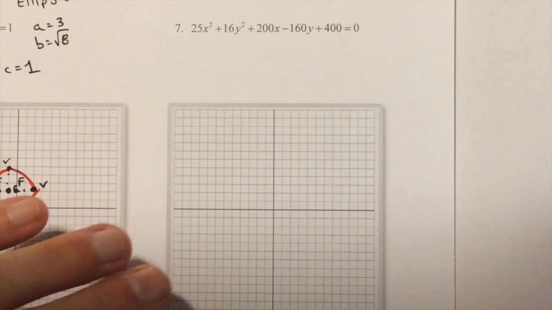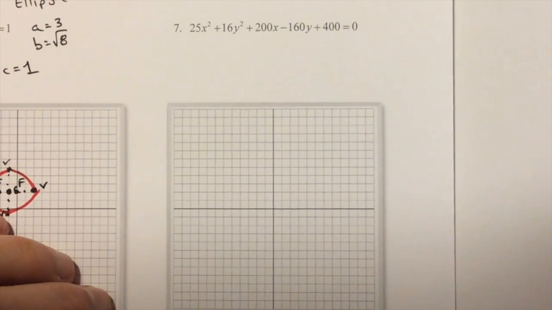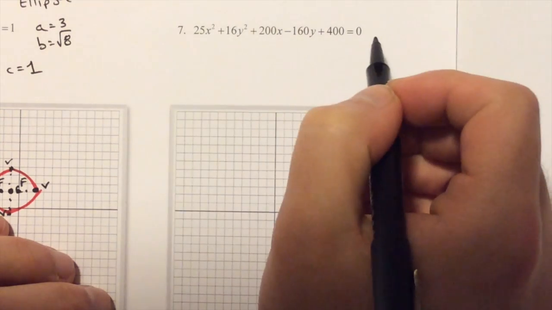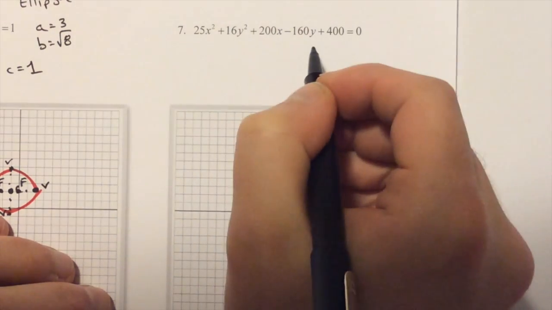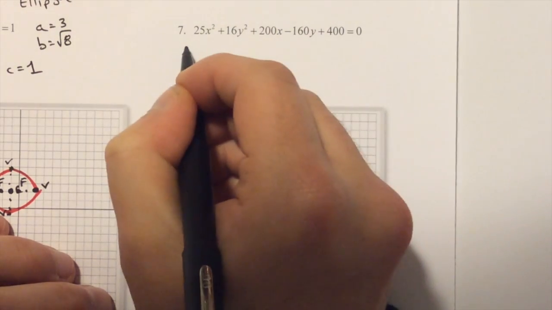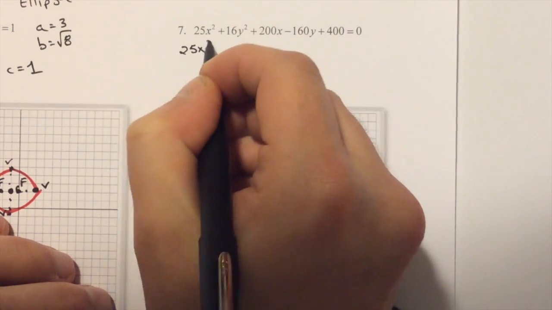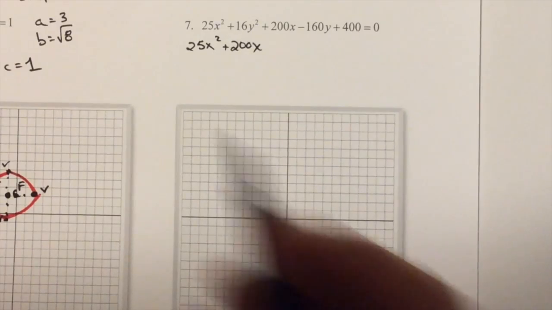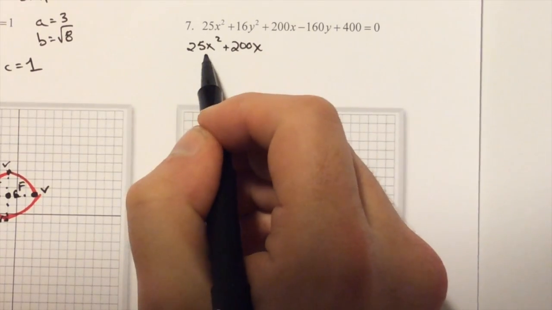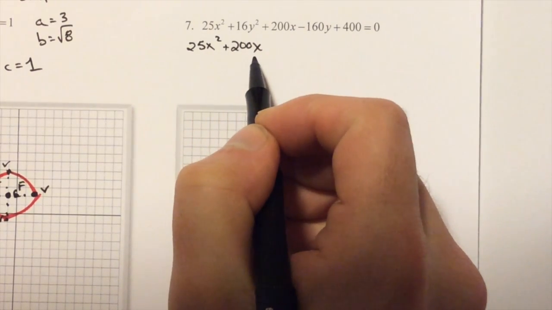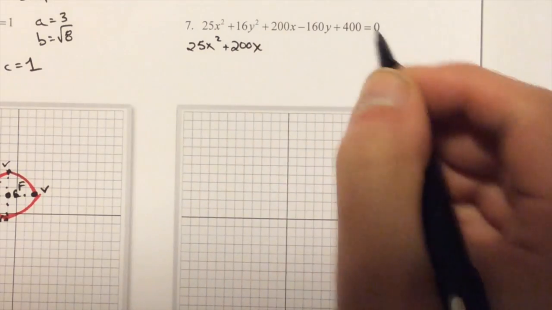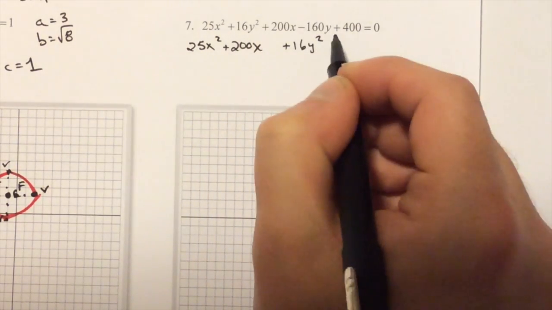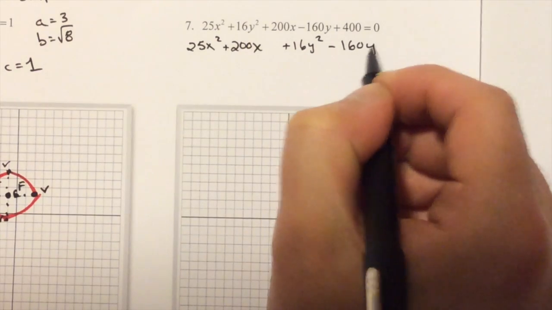If we look at 7, oi, this looks challenging. What should we do? Well, first things first. Get all of the x's together, get all of the y's together. So I have 25x squared plus 200x. I'm going to leave a little space. I'm going to get all the y's together, so I have plus 16y squared minus 160y.